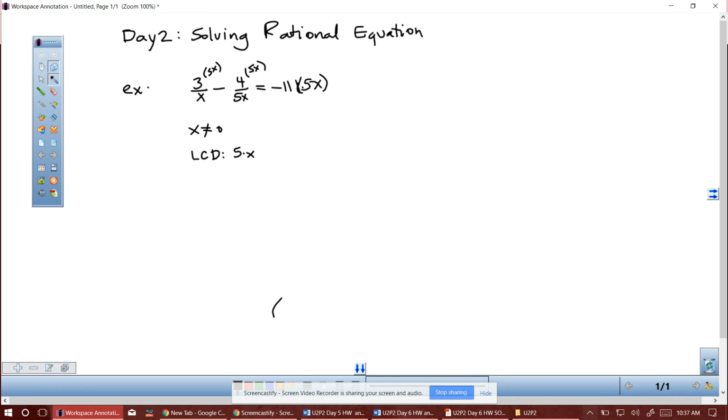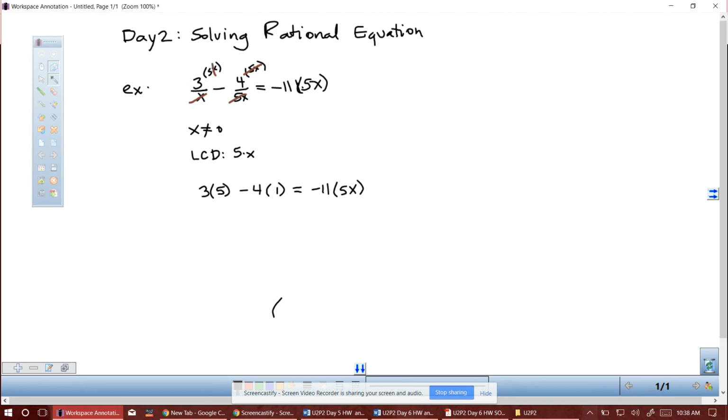So I cross out, and as I go to cross out, I'll cross out this single x with that single x. I'll cross out the 5x with the 5x, but there's nothing to cross out, so I won't have to worry about that one. So I'm going to say 3 times 5 minus 4 times, well, everything crossed out, so I'm just going to put a 1 there. And then over here I've got negative 11 times 5x.